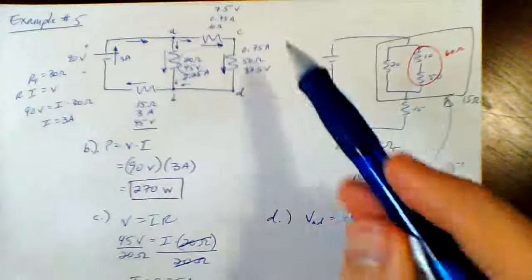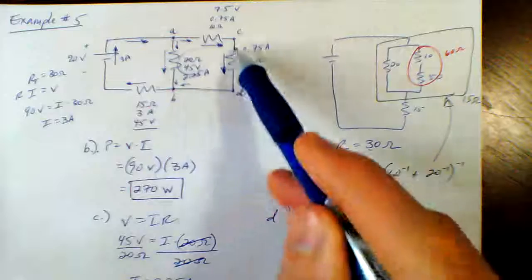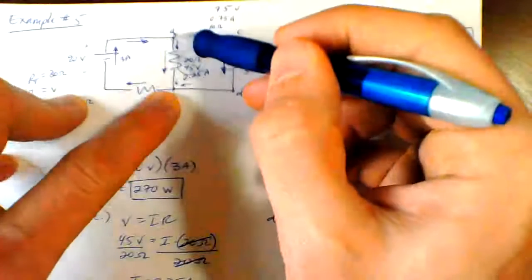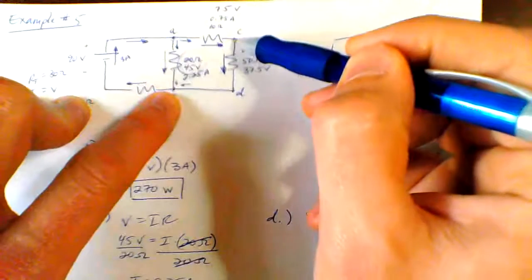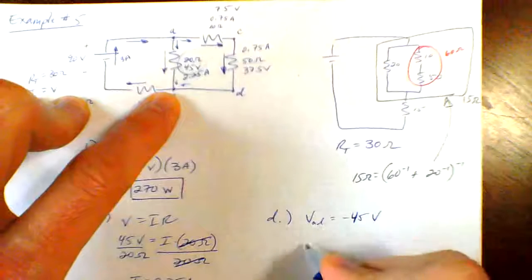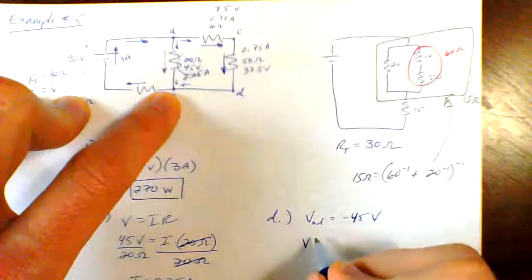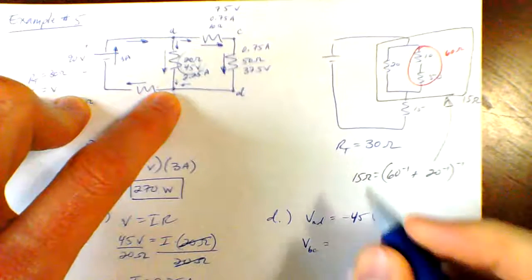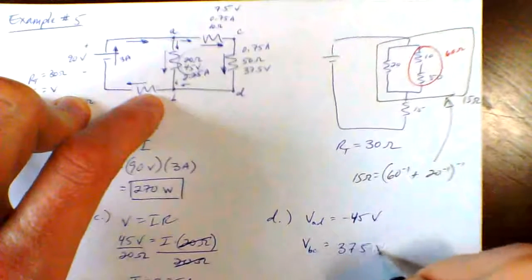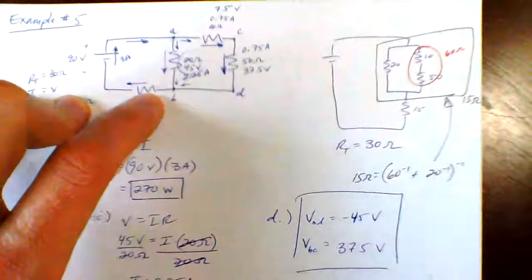If we want to go from B to C, it's the same as from D to C. If I go this way, I'm going to say positive 45 minus 7.5, or just positive 37.5. So voltage from B to C is equal to 37.5 volts.